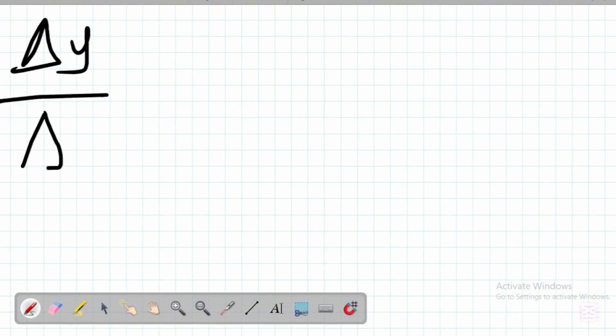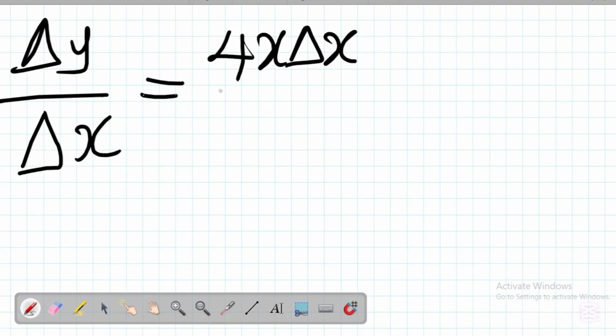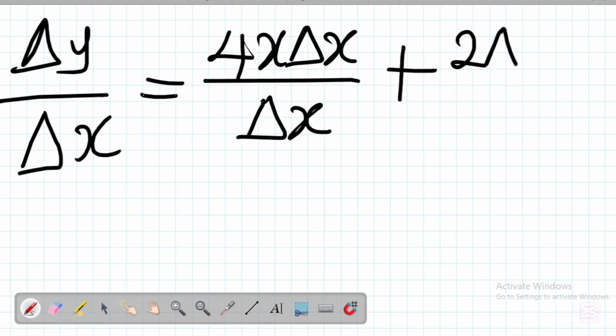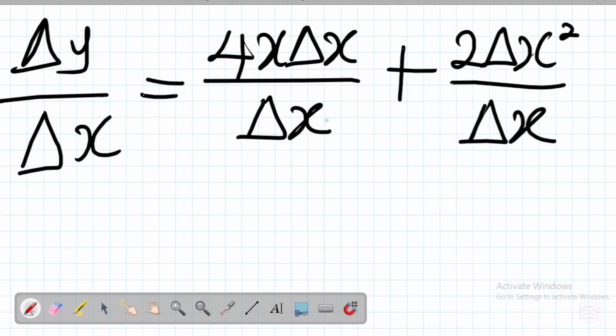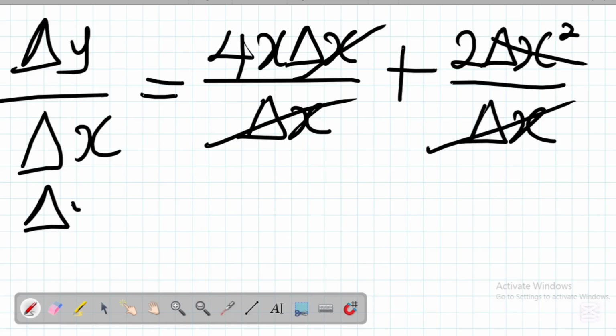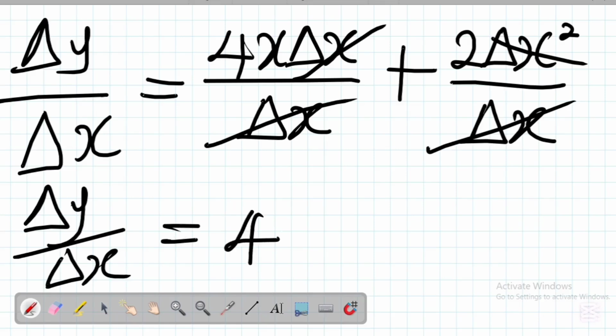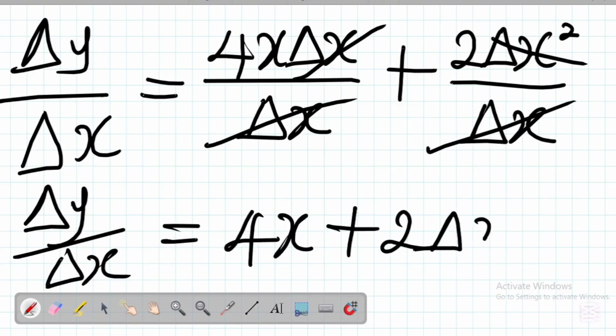This can also be written as changing y all over changing x equals 4x changing x all over changing x plus 2 changing x squared all over changing x. So changing x cancels changing x, and then changing x here cancels one of the changing x. So we have changing y all over changing x equals 4x plus 2 changing x.